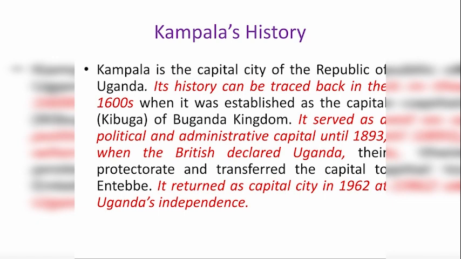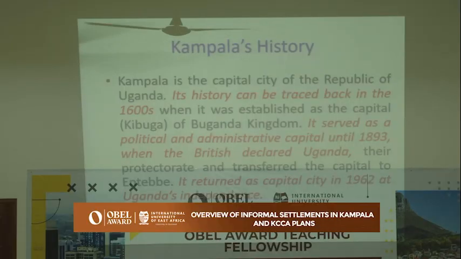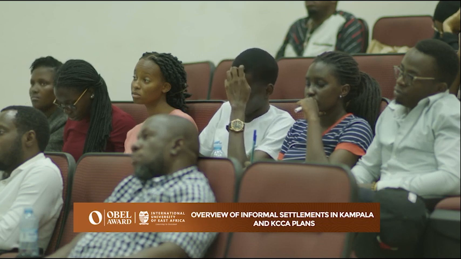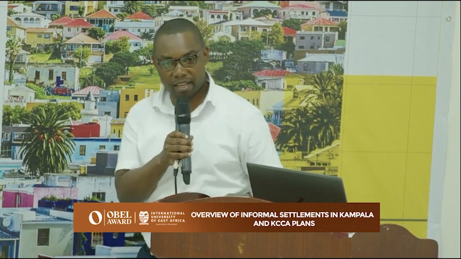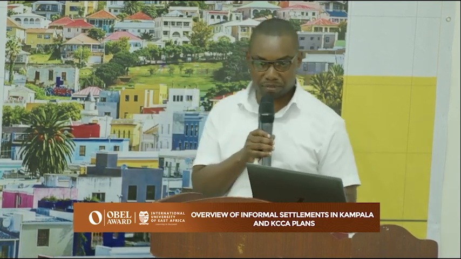But between 1893 and 1962, the administrative capital city was shifted to Entebbe, and Kampala became the commercial city. But before independence, on 8th October 1962, those powers were brought back, and Kampala has been the capital city of Uganda since then.